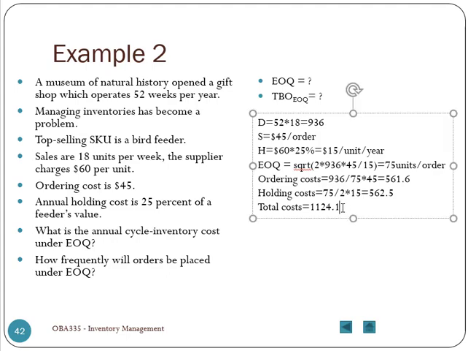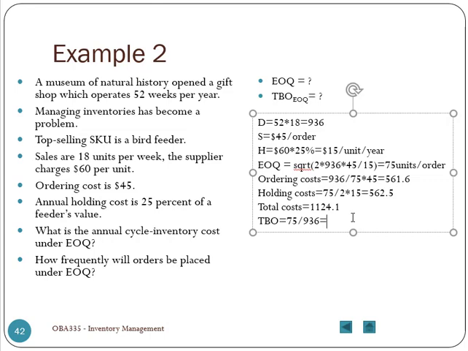We also know the time in between orders, TBO, or the cycle time, is 75 units over the total demand, 936. So this is 75 over 936.